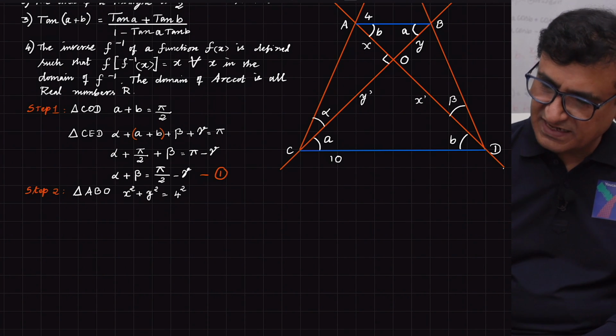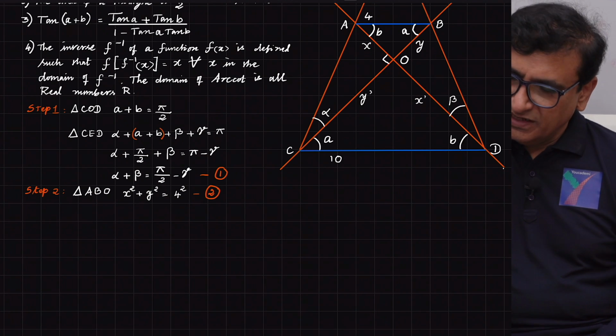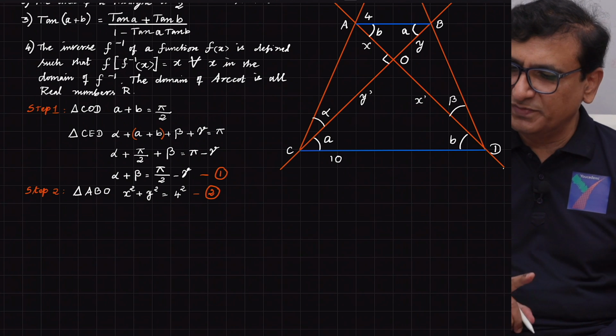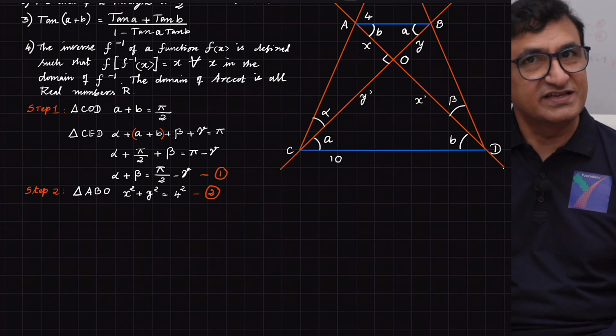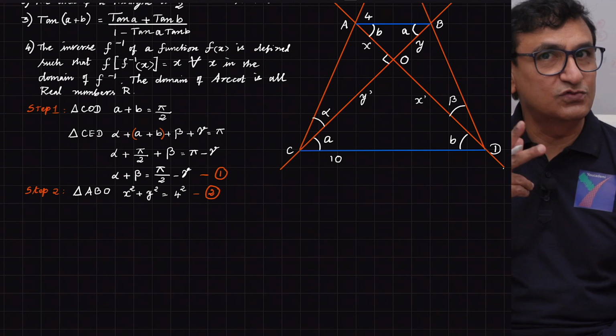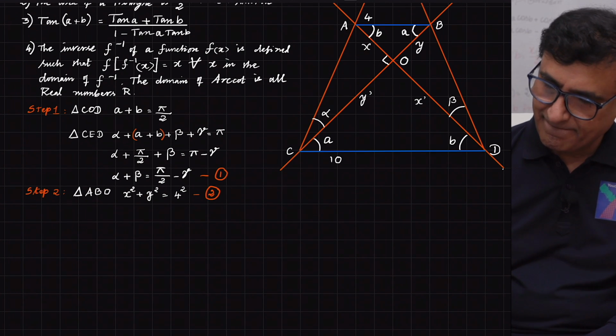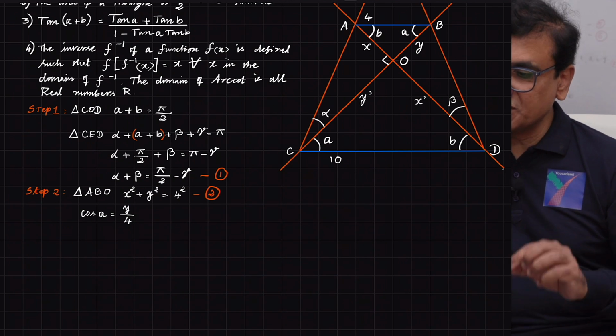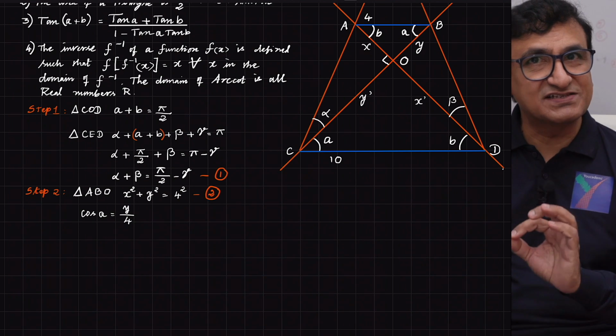Let me call this equation number 2. Now, in the triangle ABO, what is cos A? Cos A would be y divided by 4, because y is the adjacent side and AB is the hypotenuse, which is equal to 4 units. Okay, then cos B would be x divided by 4.